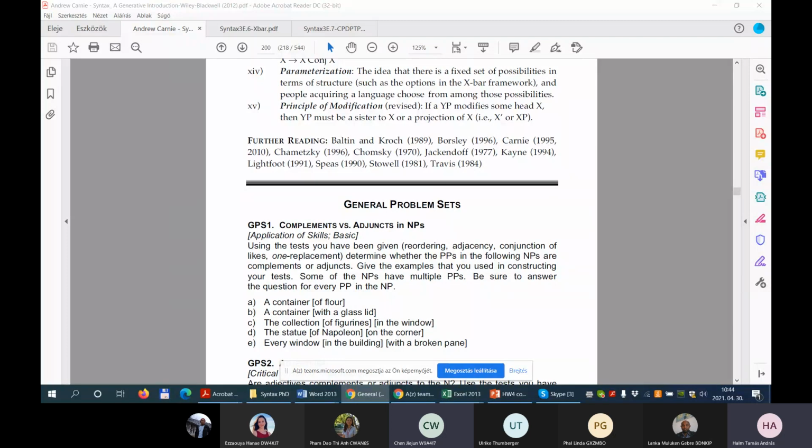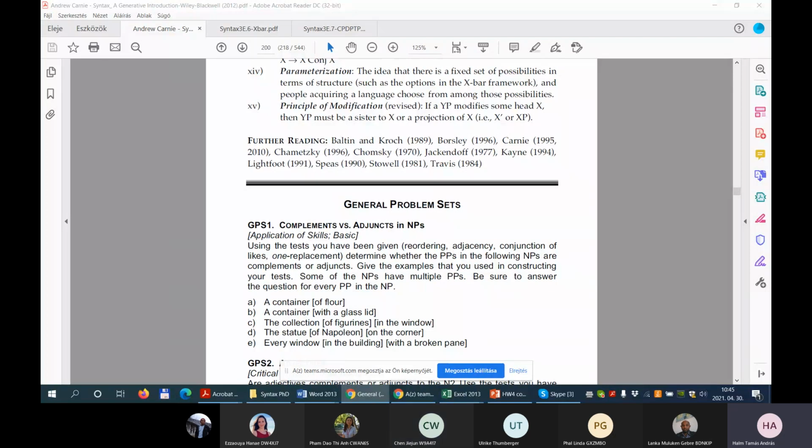But when I come to this sentence, I think in the building is also a complement, because it means that the window is in the building, and it indeed means that the window belongs to the building. Oh, I see. That's a very good observation. You are right. Every window of the building and every window in the building are pretty similar in meaning, right? Yeah. And yet, I think if we do the tests, it will turn out that in the building is actually an adjunct.